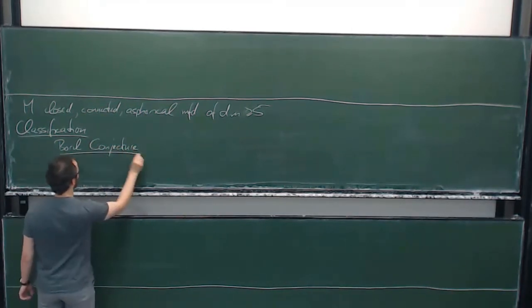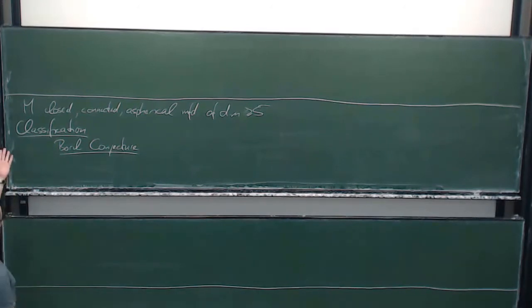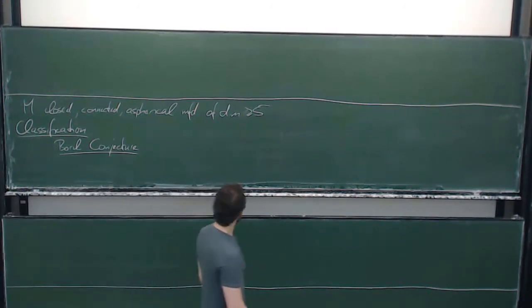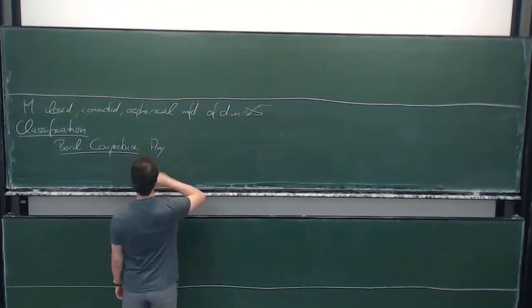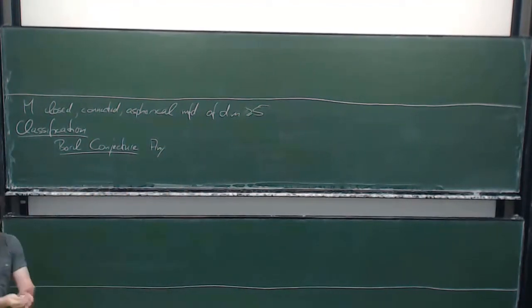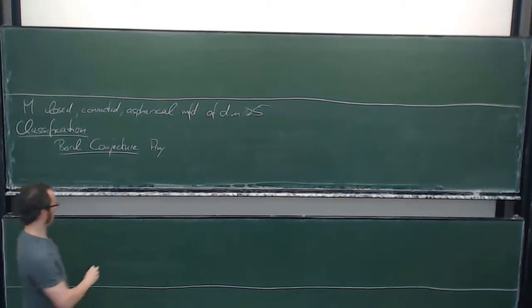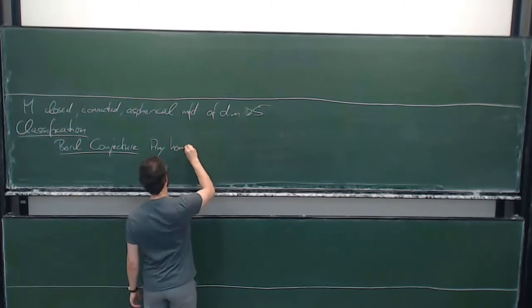The Borel Conjecture states that given two such manifolds and a homotopy equivalence between them, this homotopy equivalence is in fact homotopic to a homeomorphism. So let me write that out.